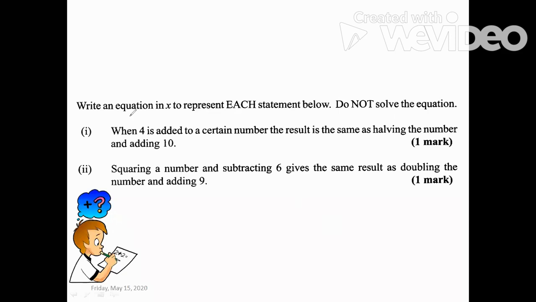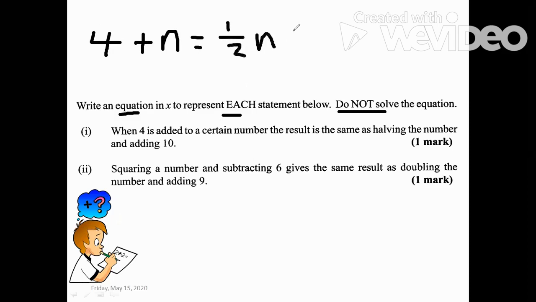So it says write an equation in x to represent each statement below. Do not solve them. So when 4 is added to a certain number, let's call it n, you can call it any letter you want, the result is the same as having the same number and adding 10 to it.